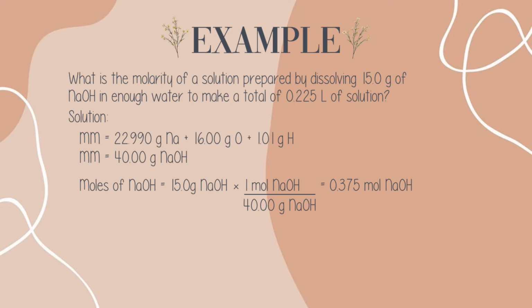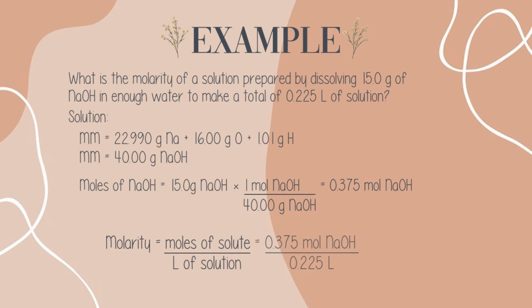Now that we have the mole and the volume, we can calculate the molarity of the solution. This is equal to 0.375 moles of sodium hydroxide divided by 0.225 liters. The molarity of the solution is now 1.67 mole per liter or 1.67 M.